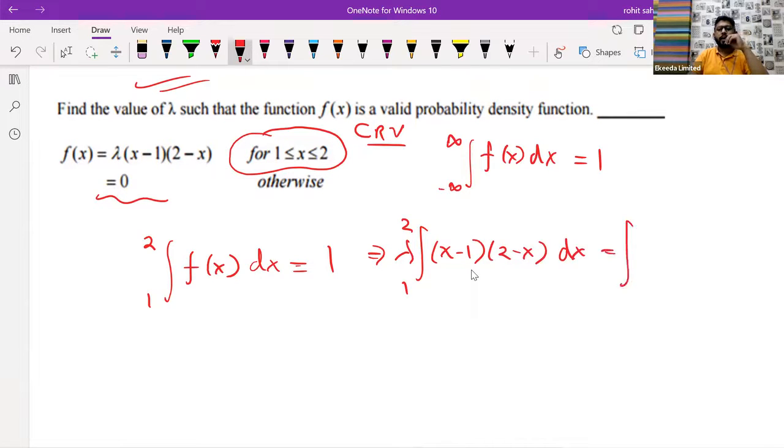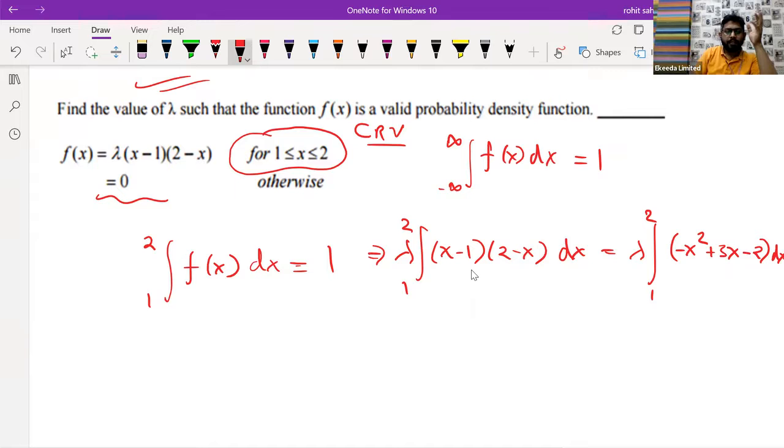So you can expand this for easier integration. This is minus x square minus x and 2x, so plus 3x if I'm right. Minus minus becomes plus and 2x from there becomes 3x, and minus 2 dx. This has to be integrated.